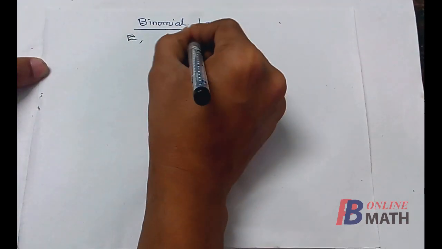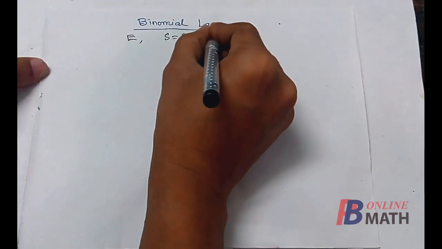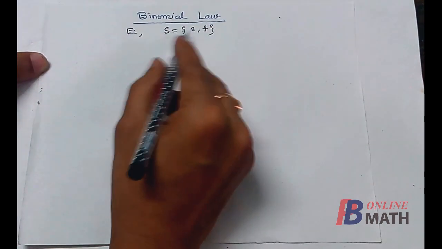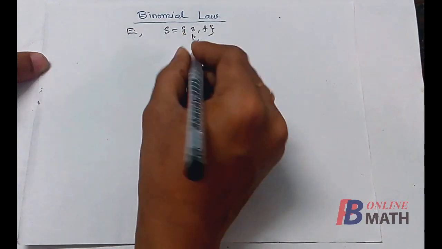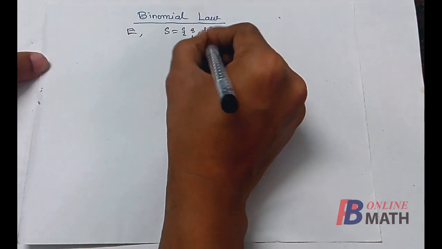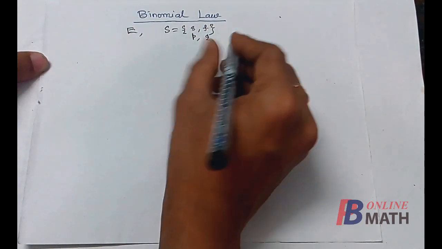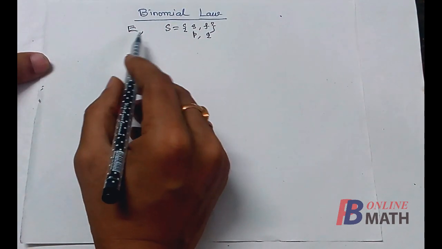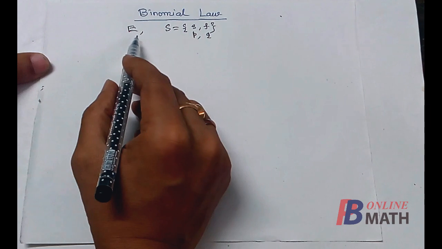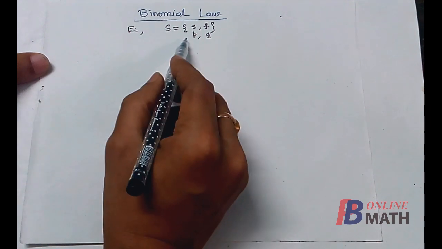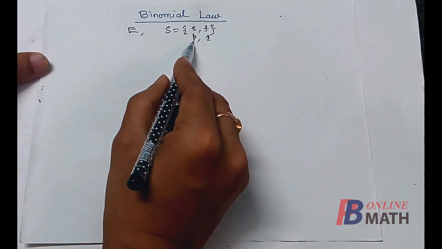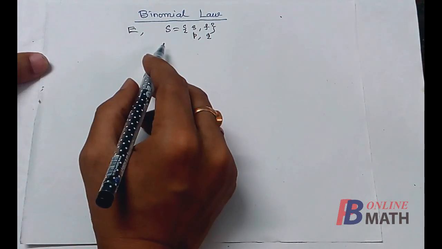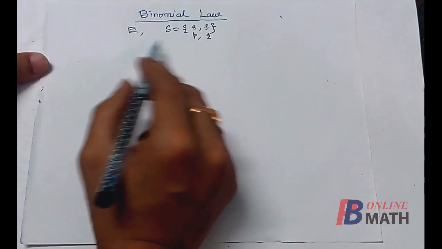So the sample space consists of the two outcomes S and F, and we further assume that probability of success is small p and probability of failure is q, that means 1 minus p. Now suppose the experiment E is repeated n number of times under identical conditions, and further assume that the probability of success p remains constant for all the experiments. That means we are considering Bernoulli trials.